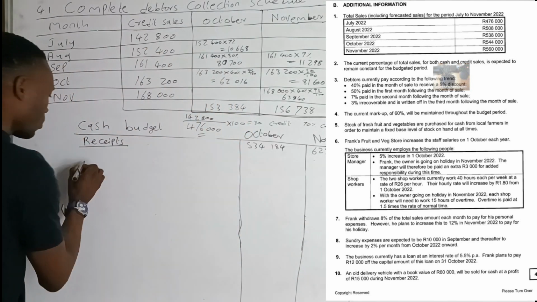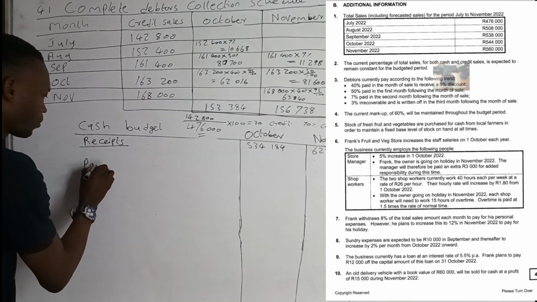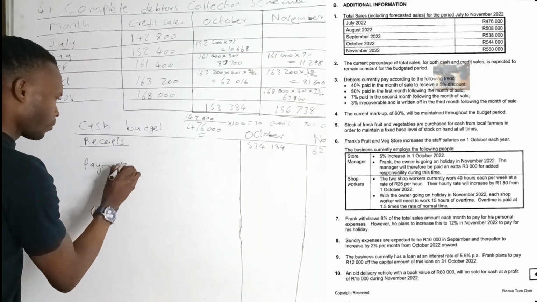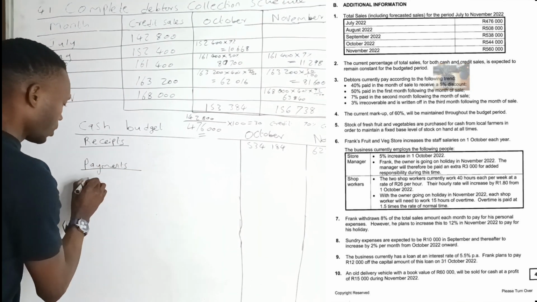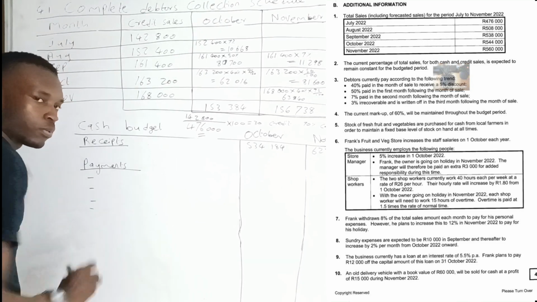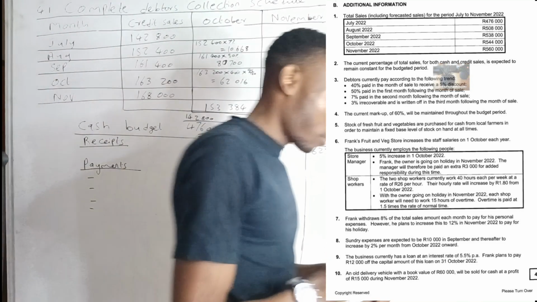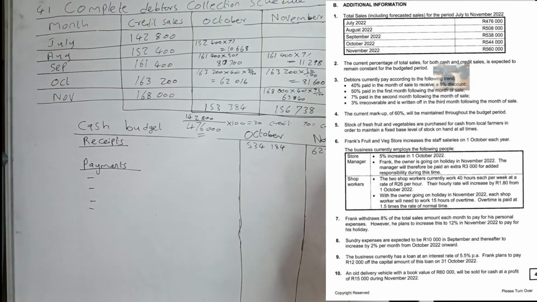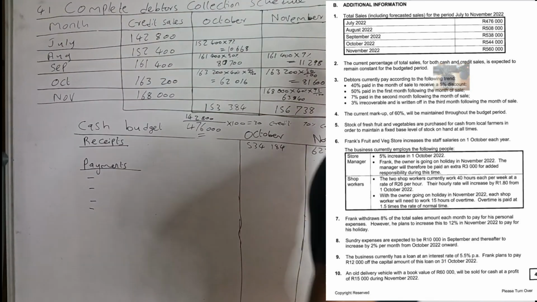Now let's go to payments. We're going to list them from the transactions. Number one, we have to start with cash purchase of stock.